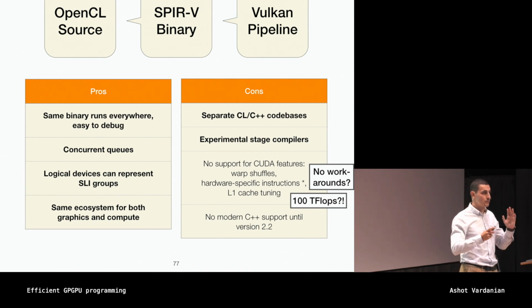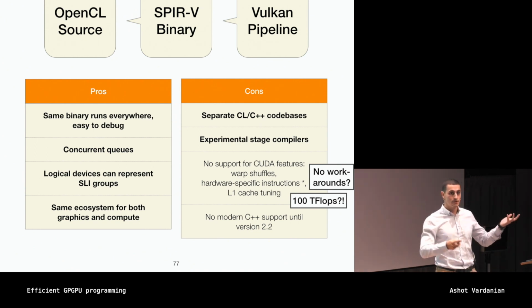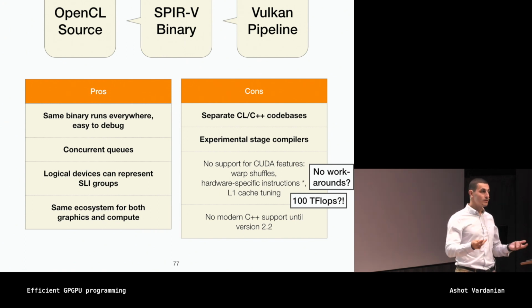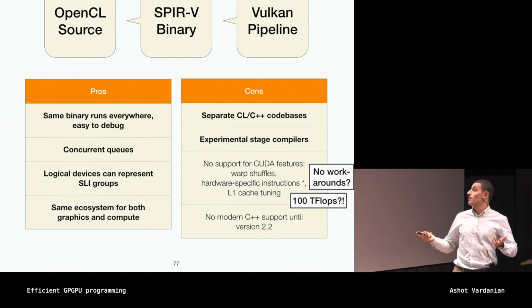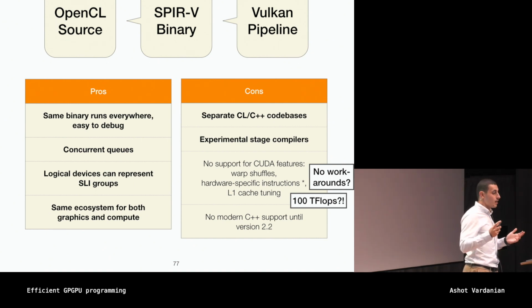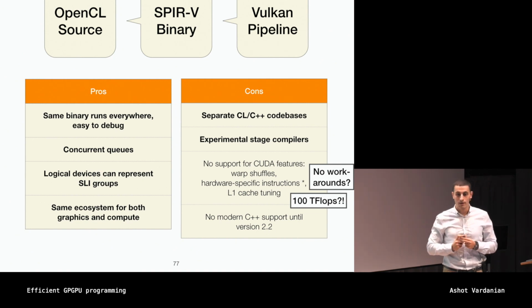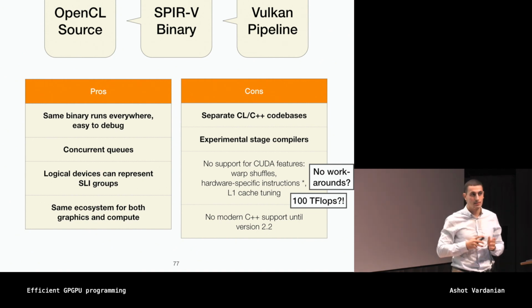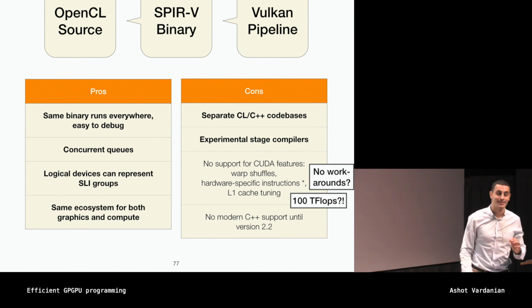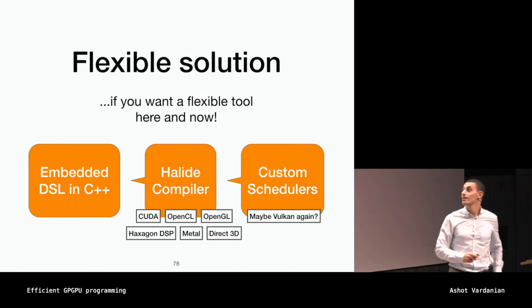You have separate files for OpenCL kernels, and you have separate C++ code. And the compiler by Google is at an experimental stage. But to make things worse, there is no support for some of the very interesting CUDA features, which are important if you get to a specific point in high-performance computing. I can answer the questions related to that after the main part.